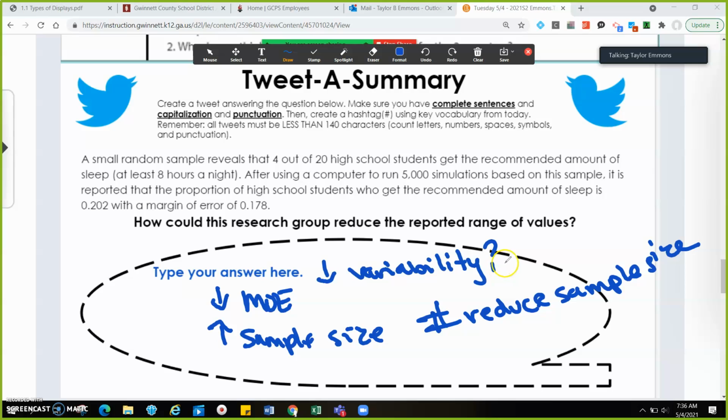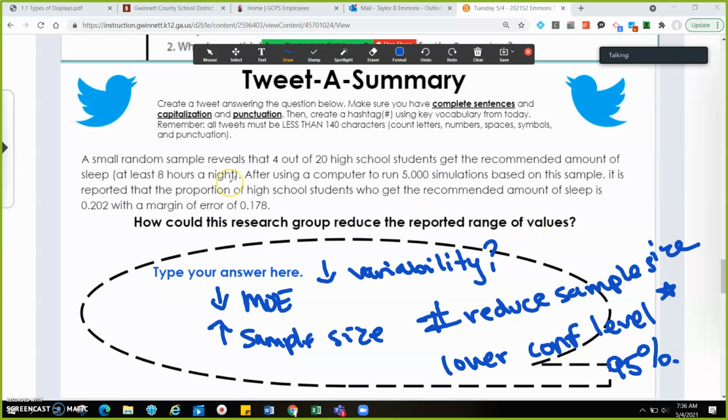Is there any other way we can think of? Well, we can lower our confidence level. So instead of it being a 99% confidence level, we do 95% confidence. That will cover those 2 standard deviations. And again, we're going to talk more about that a little bit later, because I know it's a little confusing.